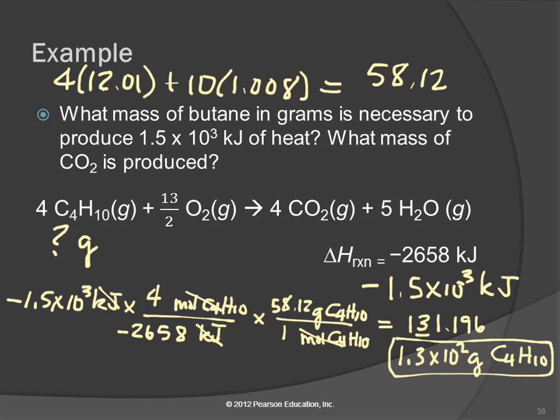Now, I am teaching you the proper use of the negative and positive signs on the energy. For the purposes of this class, I think you can mostly get along with just ignoring them. So if you put down positive 1.5, what's going to happen in your calculation here? You're going to end up with a negative mass, right?